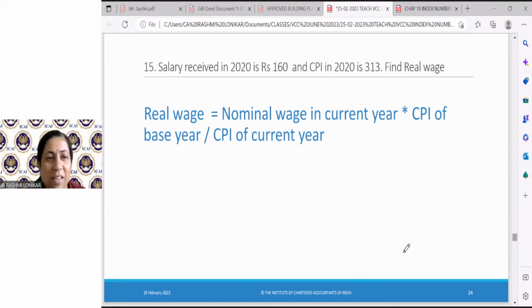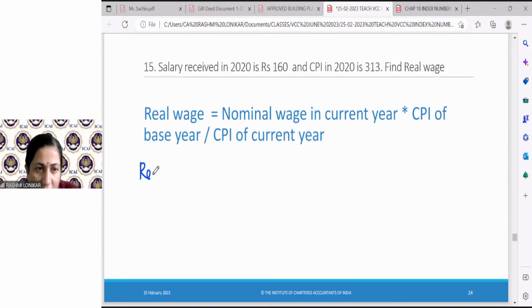Lisa. Yes. So, when we are saying that the consumer price index in 2020 is 313, so real wage, whatever I've received is 160 rupees. Okay, the salary rate is 160 rupees, maybe per hour or per day. So, how much am I getting actually in hand? How much will I be able to use is this real wage. When I strip off all the inflation, how much is it?